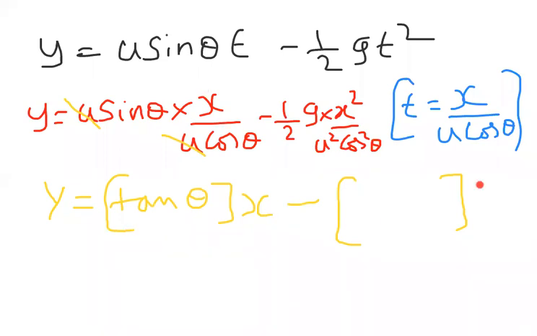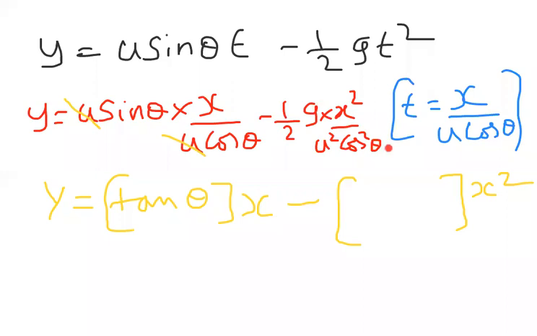Here also I want to keep this x square term outside, and everything else inside. So what remains inside, except x square?